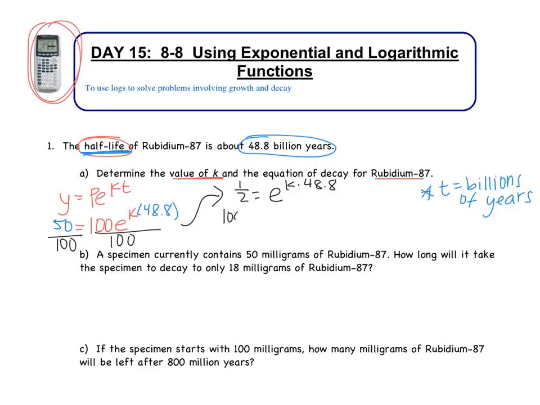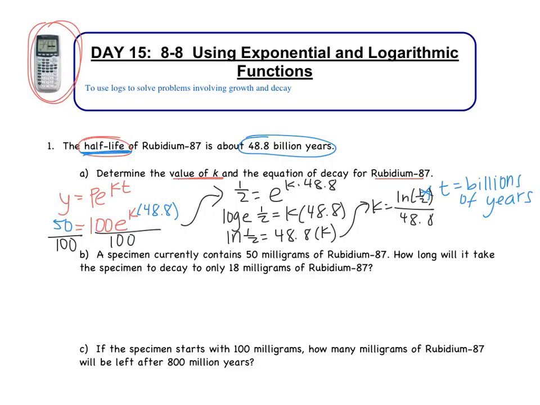So this is going to be log base e of 1/2 equals k times 48.8. Now, nobody writes log base e, they write natural log, so really this is natural log of 1/2 equals 48.8 times k. That tells us that k equals the natural log of 1/2 divided by 48.8.